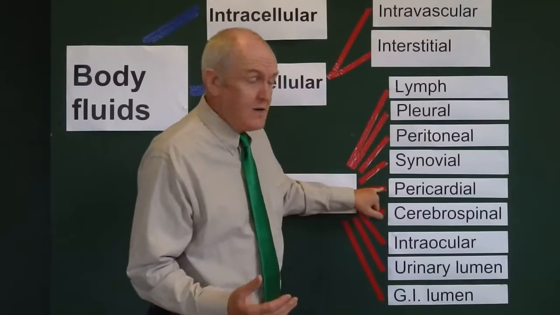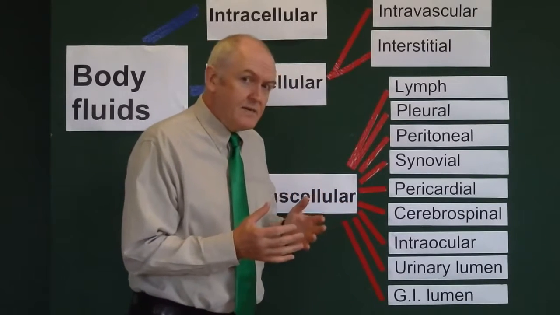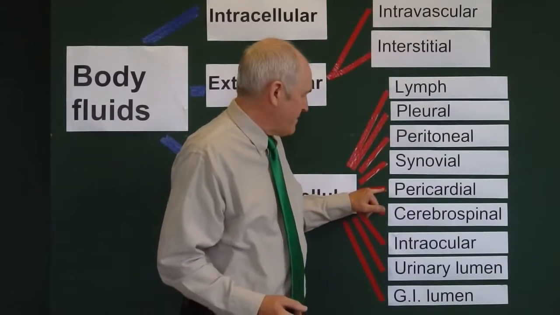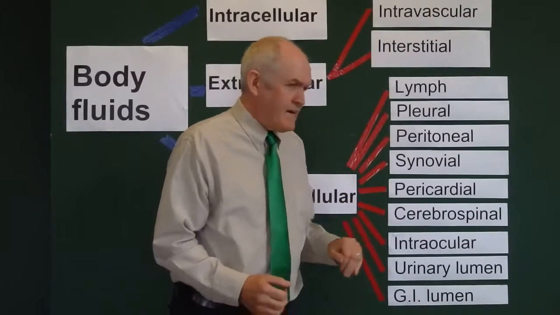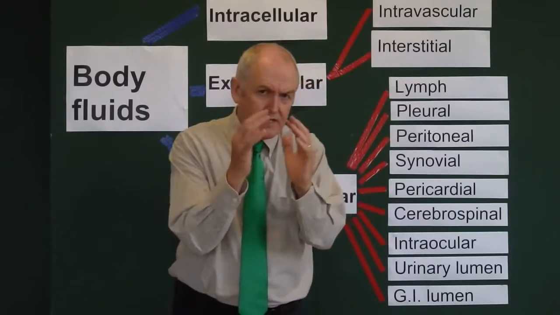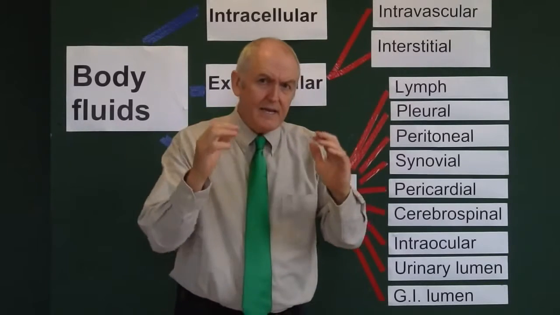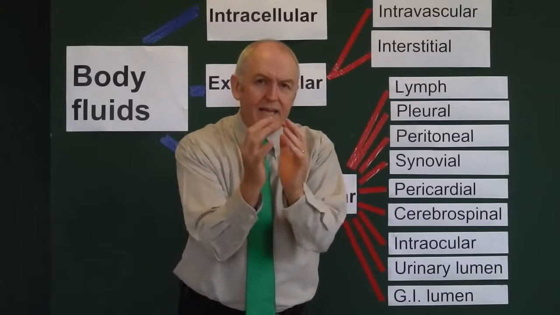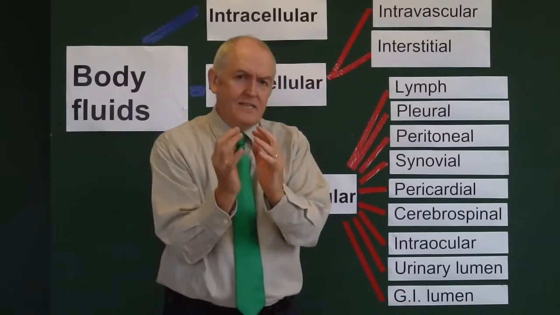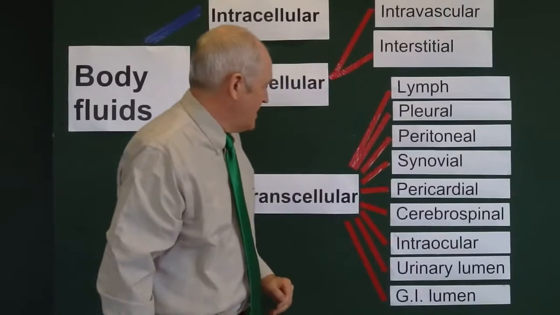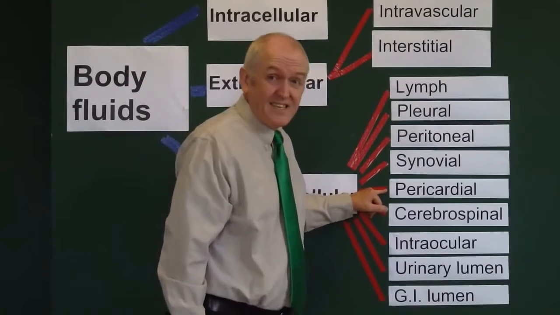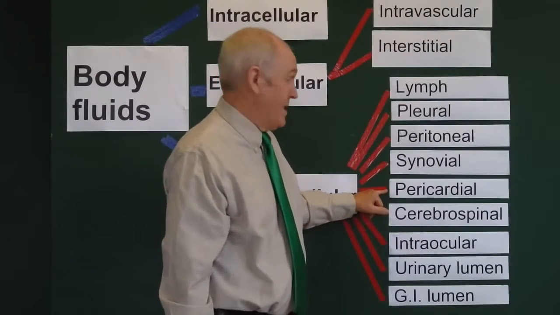Or in trauma, blood could accumulate in the pericardial sac. And the big problem here is that as fluid accumulates, the pericardial sac is not good at expanding outwards, so it has to expand inwards, and that compresses the heart and interferes with cardiac function, and of course can be life-threatening. That's the condition of cardiac tamponade.